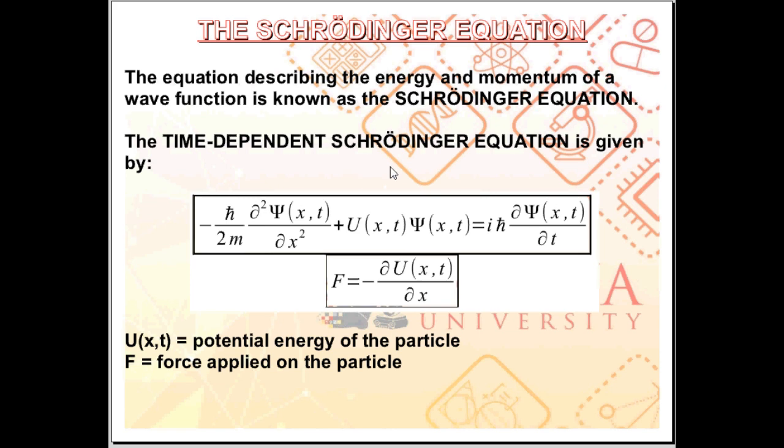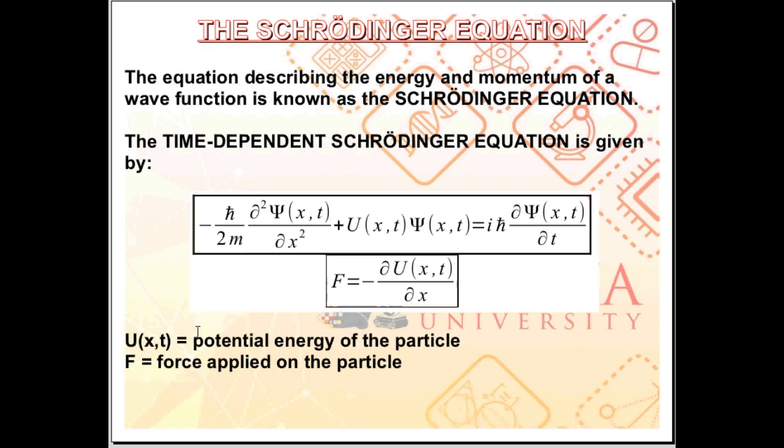The time-dependent Schrodinger equation is given by the following equation. Negative h bar over 2m, double partial differentiation of psi with respect to x, plus U times psi is equal to i h bar, partial differentiation of psi with respect to time, where F is equal to negative partial differentiation of U with respect to x.